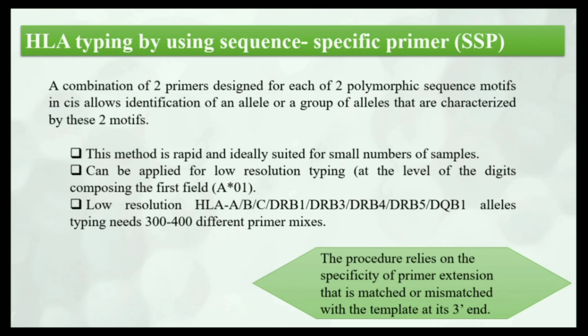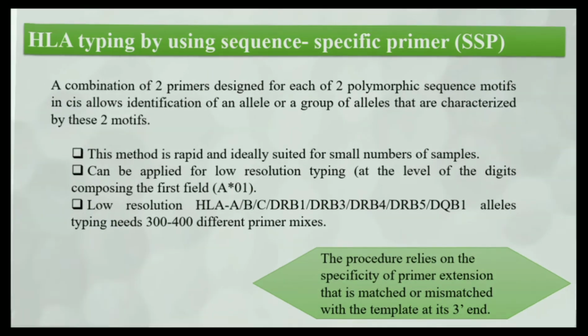Low resolution typing like HLA-A, B, DR can be achieved by the combination of 72 primer mixes. Depending on the HLA phenotype, a combination of 300 to 400 different primer mixes is necessary to determine the HLA-A, B, C, DRB1, DRB3, DRB4, DRB5 and DQB1 alleles in a given individual.